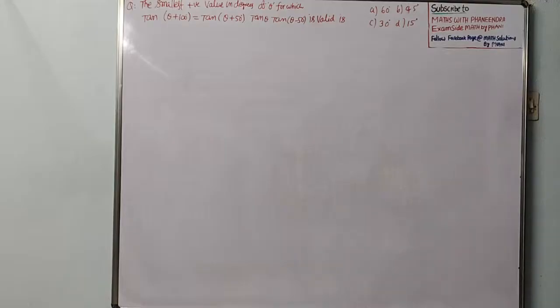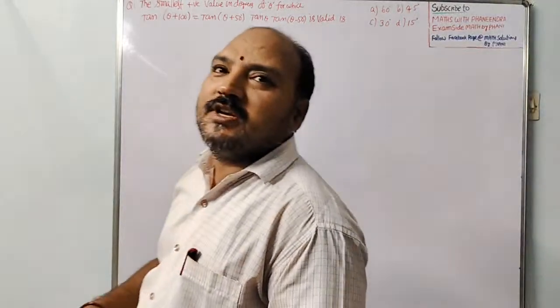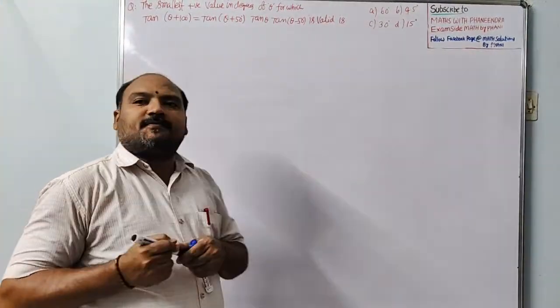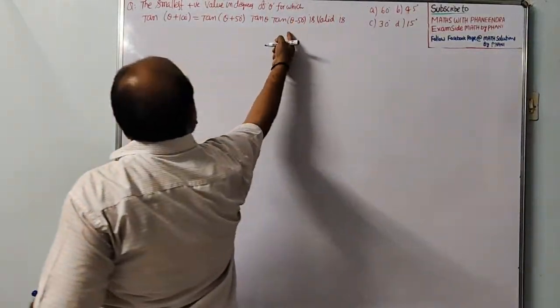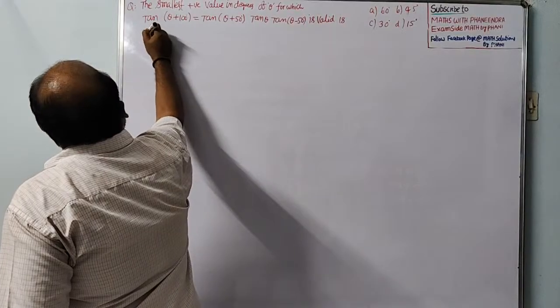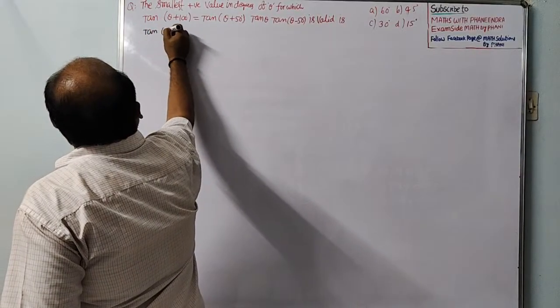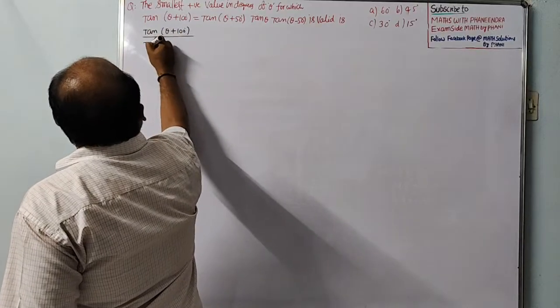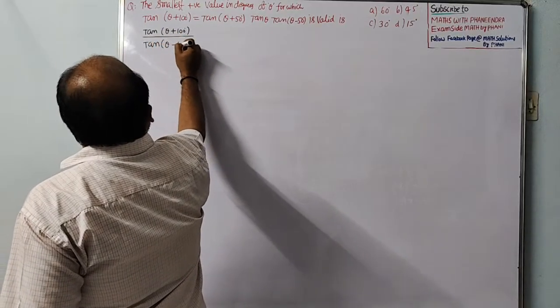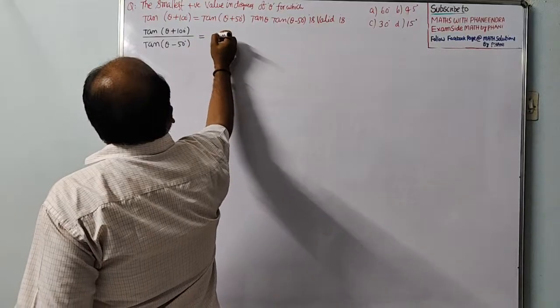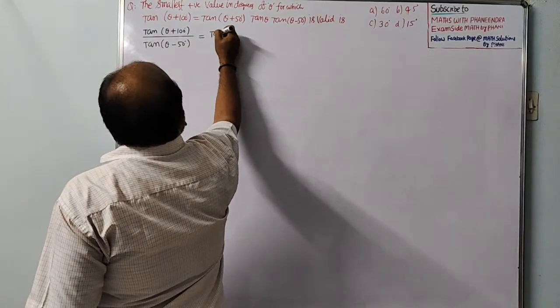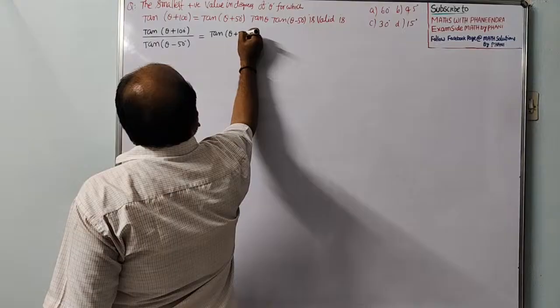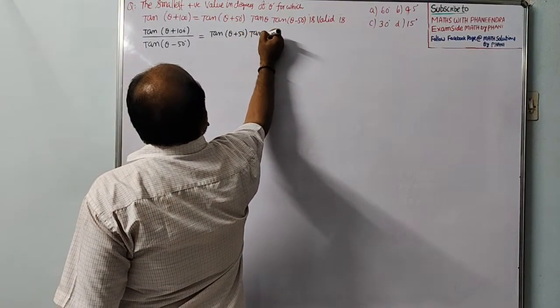There is no alternate for this, that's why we have to do it like this. See, first what we have to do is tan of theta plus 100 degrees by tan of theta minus 50 degrees equal to tan of theta plus 50 degrees into tan theta.